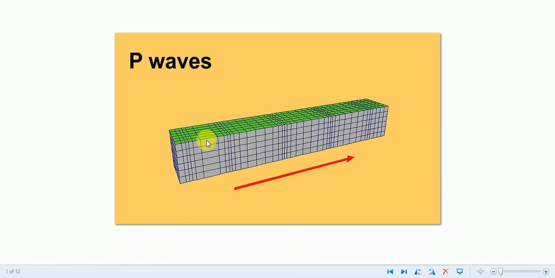Here you'll find compression, then dilation, then compression, dilation. That means squeezing, then stretching, squeezing, stretching. So in this way these P waves move just like a spring.